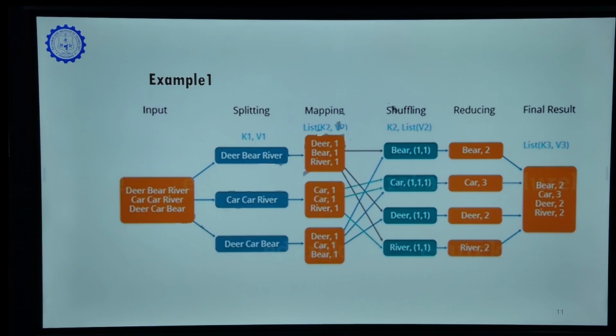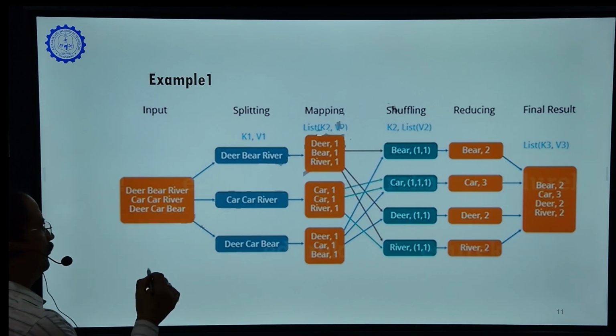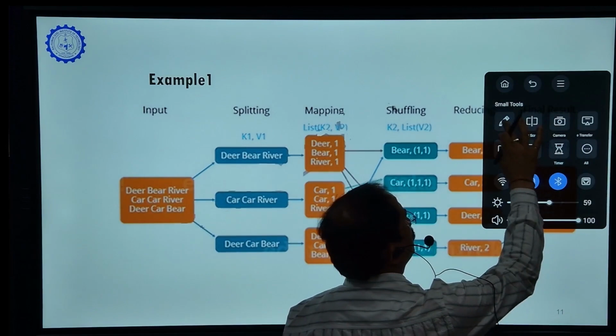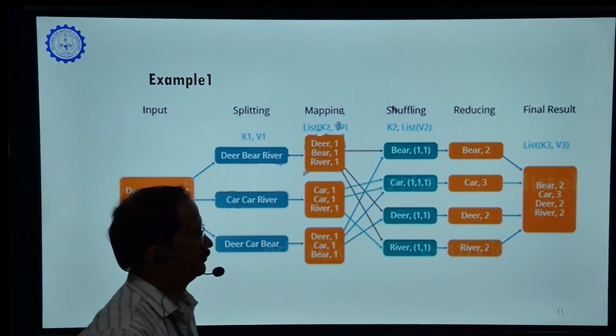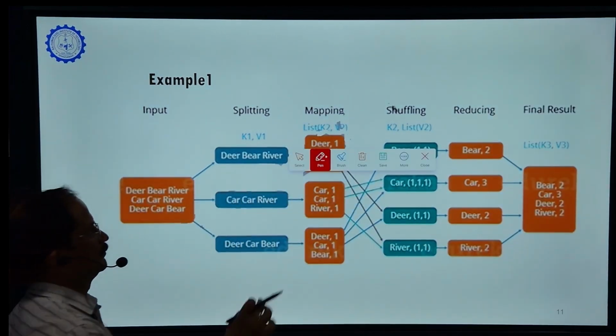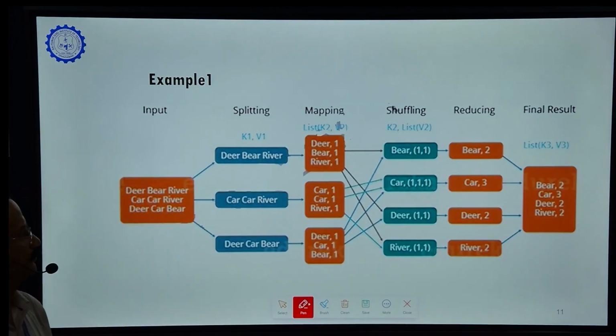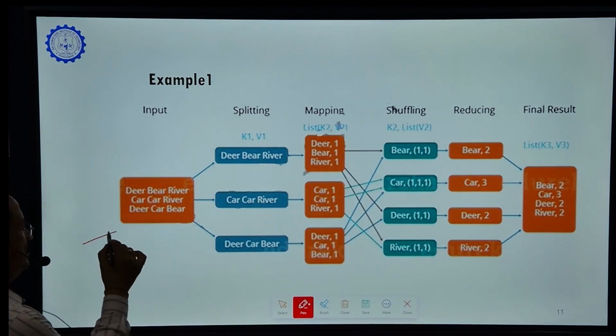Example 1, this is a map reduce example. Here you can see this is the input.